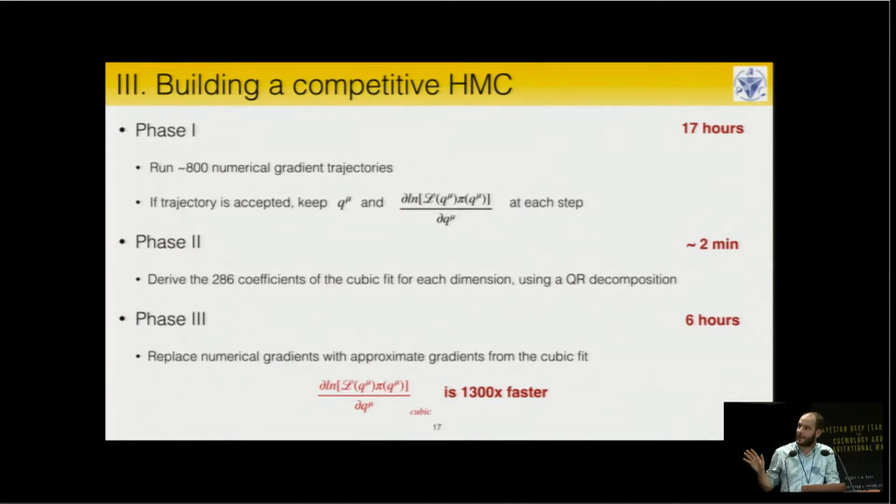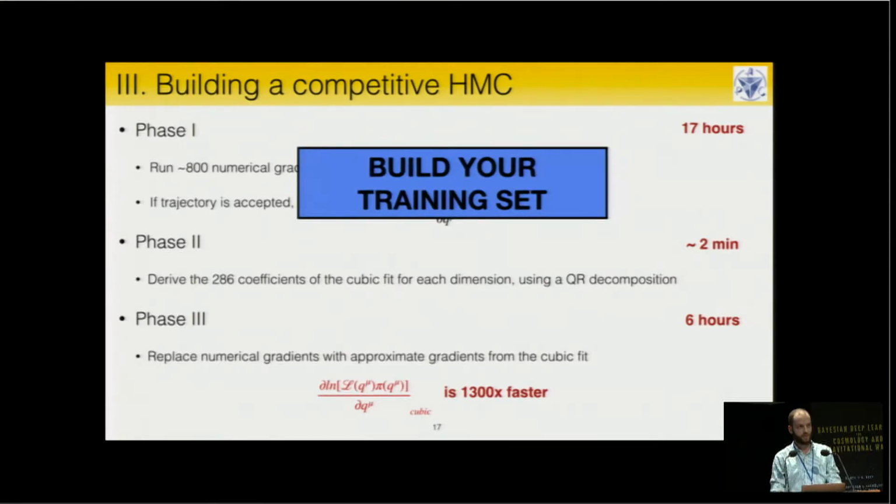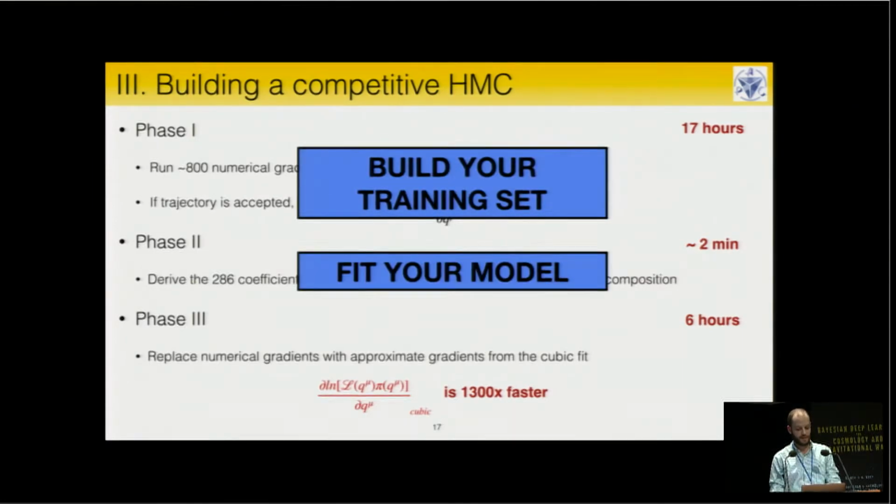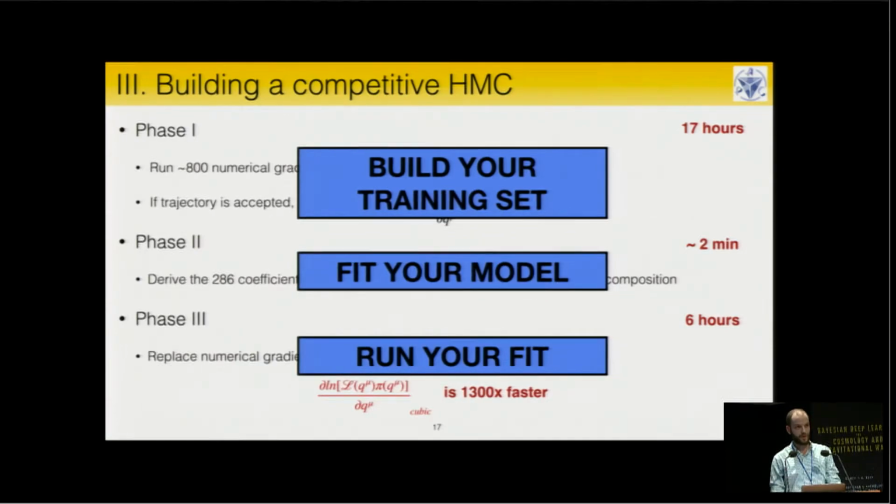So to make the link here with deep learning, even though I haven't talked about it, what we're doing basically is building our training set, then fitting our model, and then running our fit, even though there's no deep learning here yet. But now, how well does the cubic fit do?